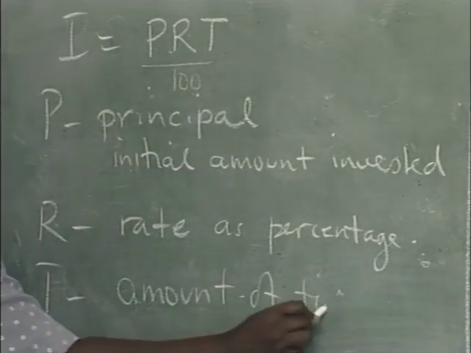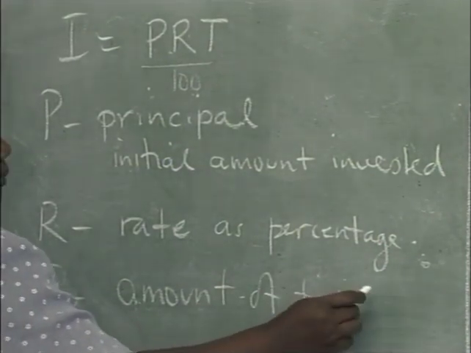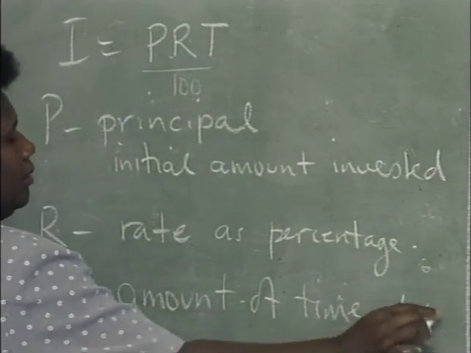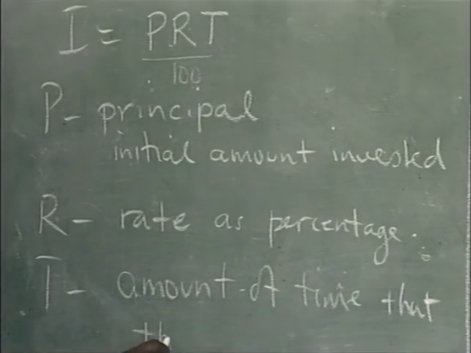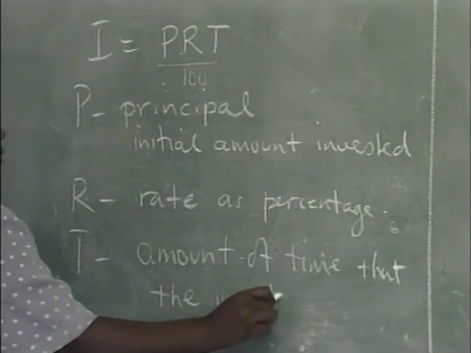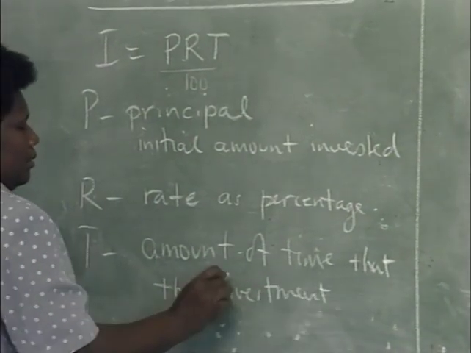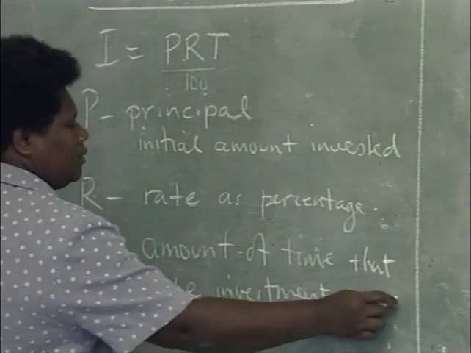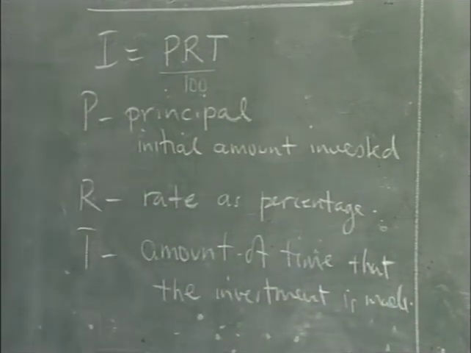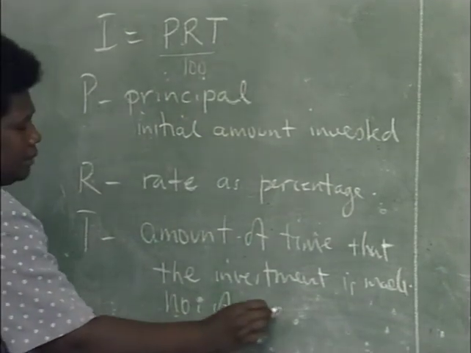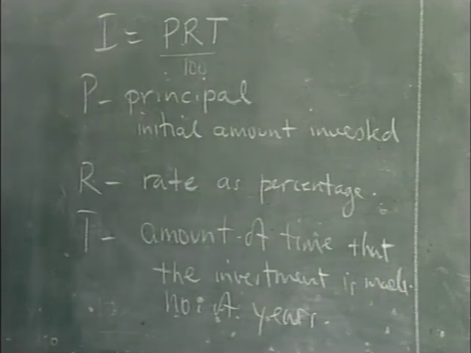Okay, T is the amount of time. Usually it's the number of years you want the investment to be in the bank for.